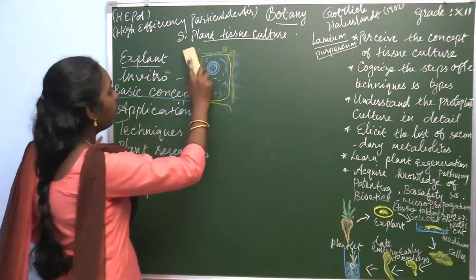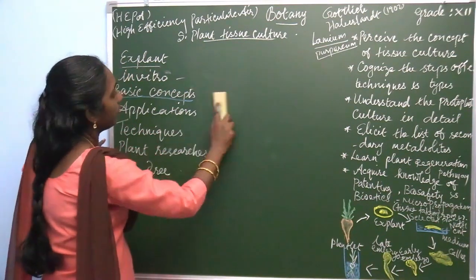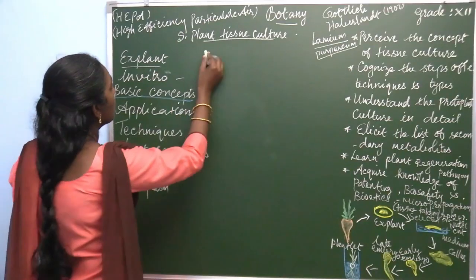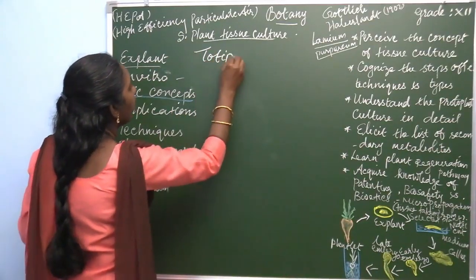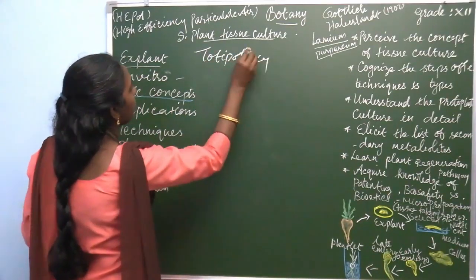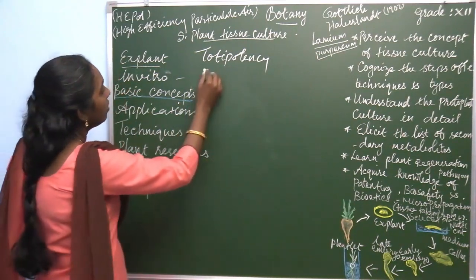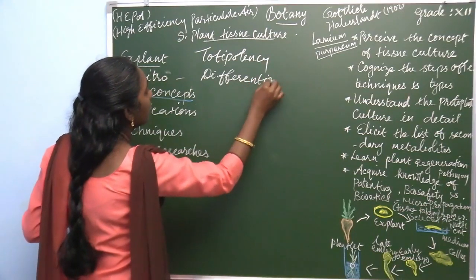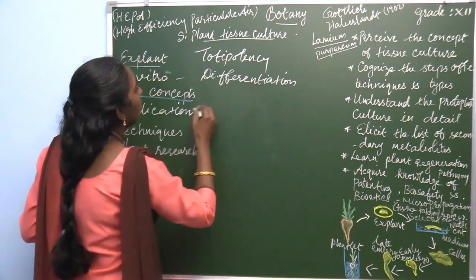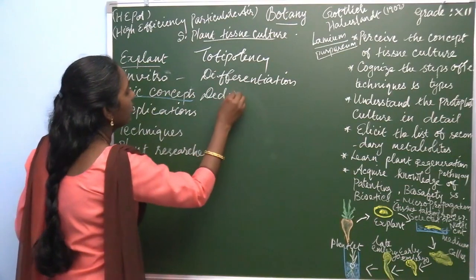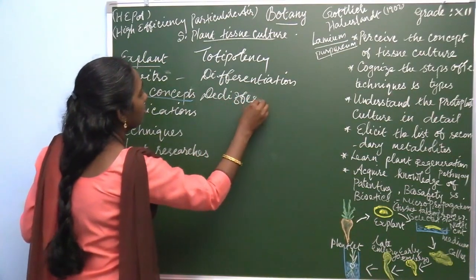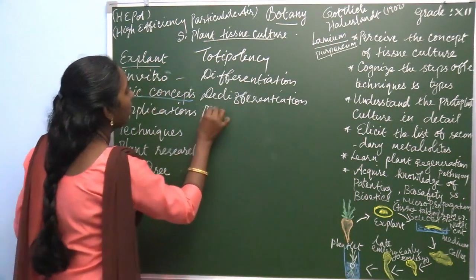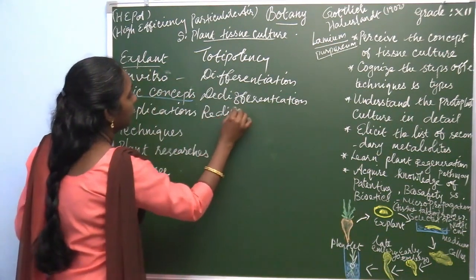The basic concepts of plant tissue culture include totipotency, differentiation, de-differentiation, and re-differentiation.